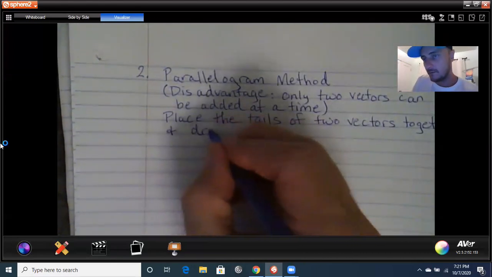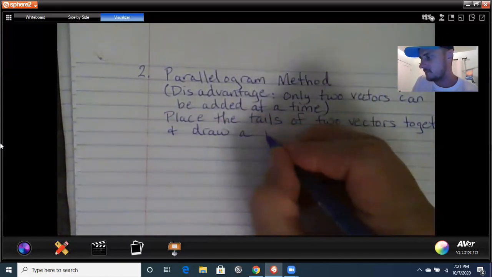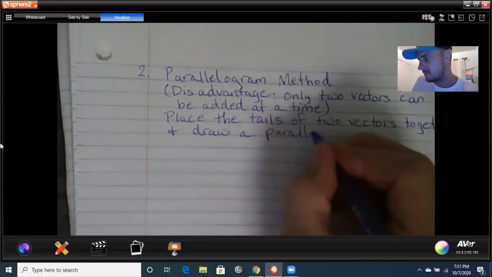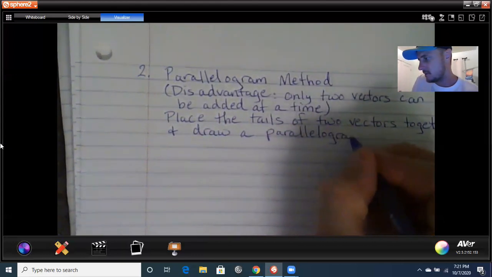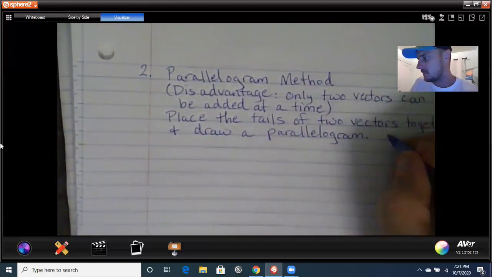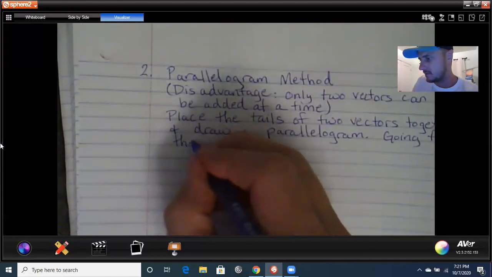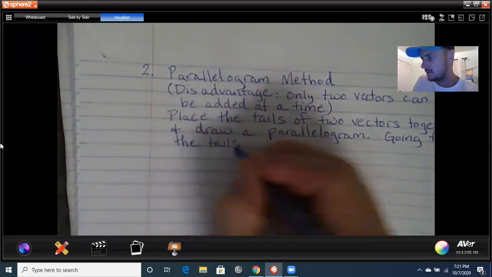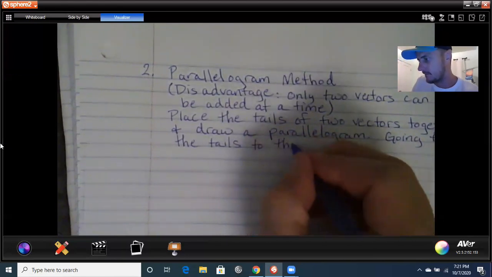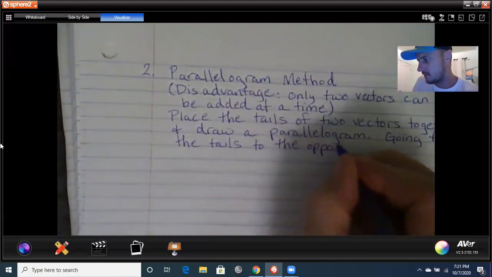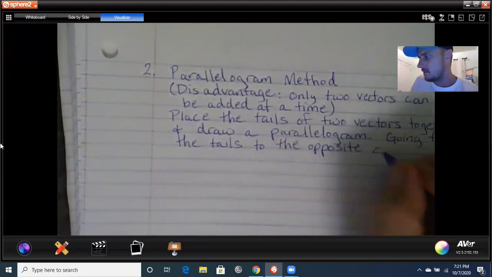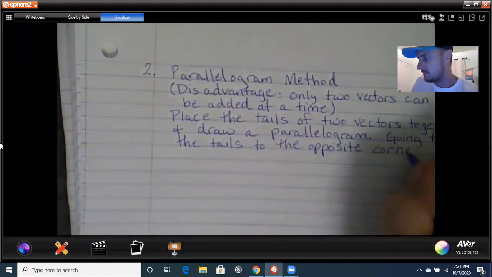And draw a parallelogram. Going from the tails to the opposite corner of the parallelogram.